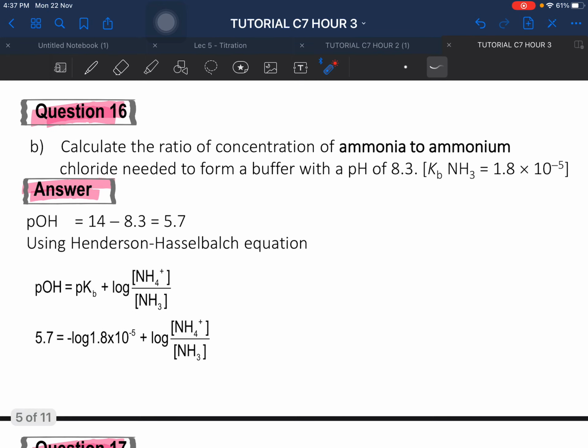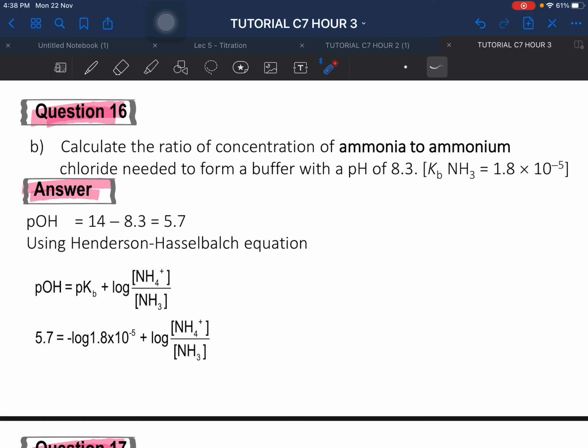For question 16b, we need to calculate the ratio of the concentration of ammonia to ammonium chloride needed to form a buffer solution. Okay, in order to calculate buffer, we need to use the Henderson-Hasselbalch equation where pOH equals pKb plus log salt over weak base.